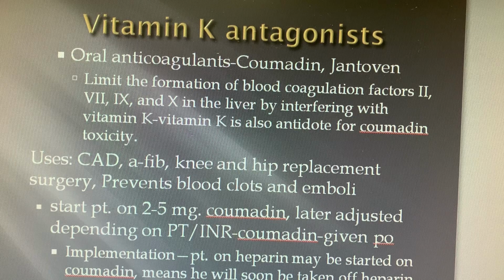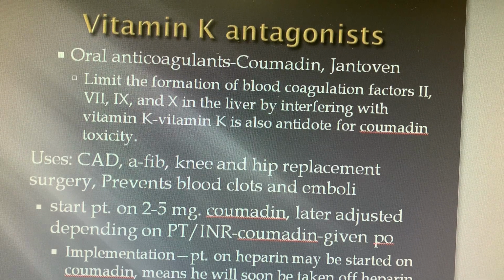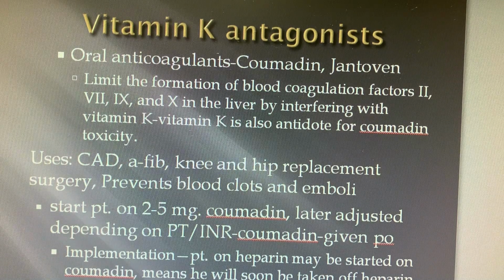Coumadin tends to be our prototype when it comes to talking about these kinds of drugs. They work on different blood coag factors inside the liver, and they do that by interfering with the amount of vitamin K. Vitamin K has to be present to regulate a number of those factors, particularly factors 2, 7, 9, and 10.